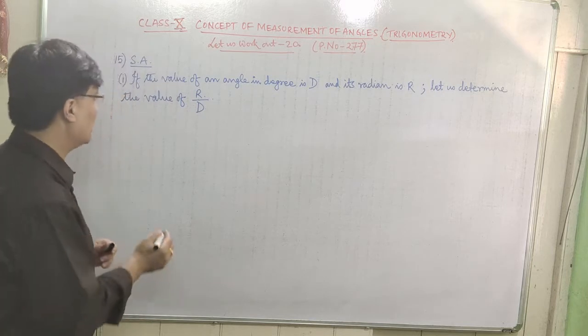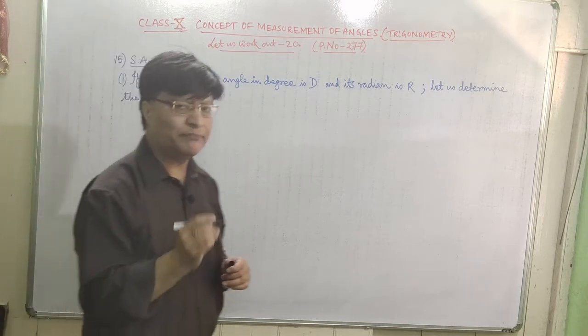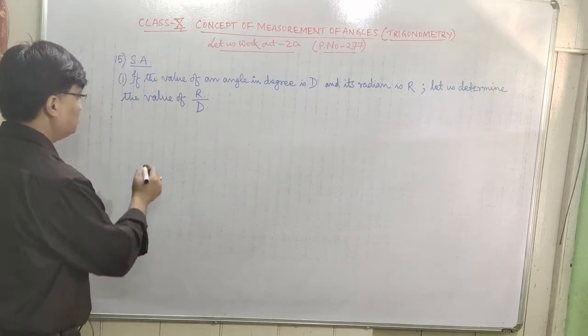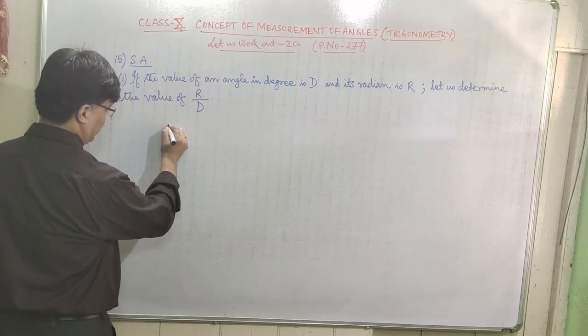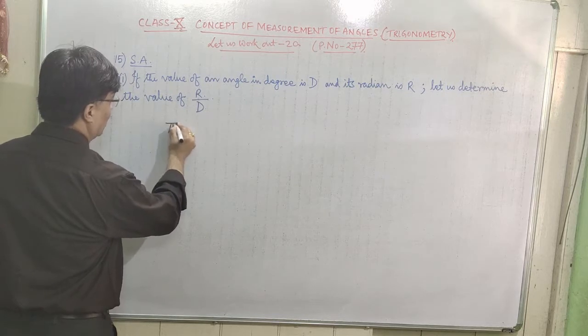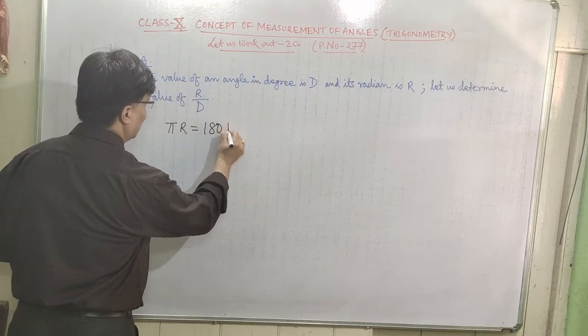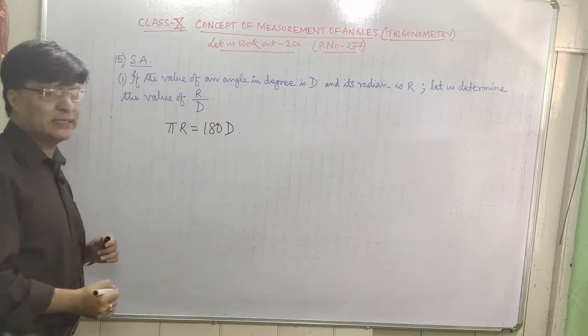What is the relation between them? Okay, so you know that pi radian is equal to 180 degree.